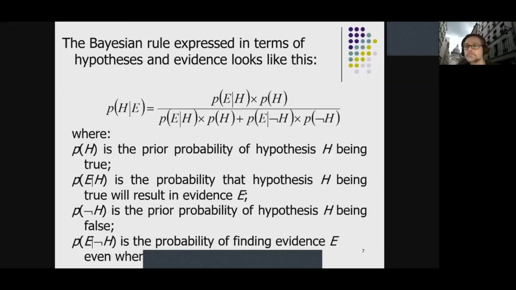What is more important in practical applications is the formulation that you see here on this slide, which is an expression of Bayesian rule in terms of hypothesis and evidence. There are different sorts of evidence, okay? A piece of evidence may be supplied by the user. If you have an AI system that receives user input, then the information that the user provides can be used as evidence to trigger some hypothesis.